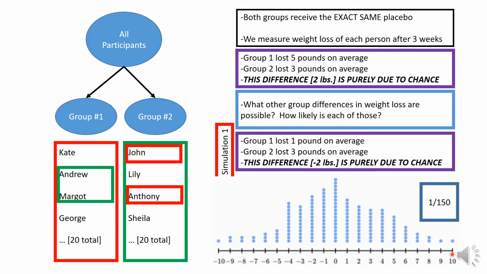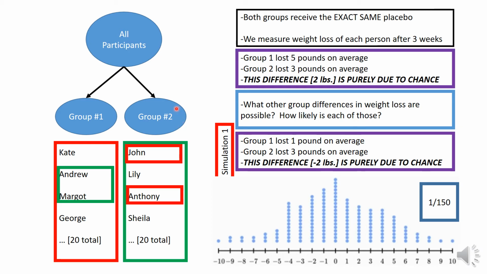Okay, so let's try and take a step back. If there's ultimately going to be no difference in how you treat the people in group 1 and group 2, and I gave them the exact same placebo, it's still random which people are going to be considered part of group 1 and which people are going to be considered a part of group 2.